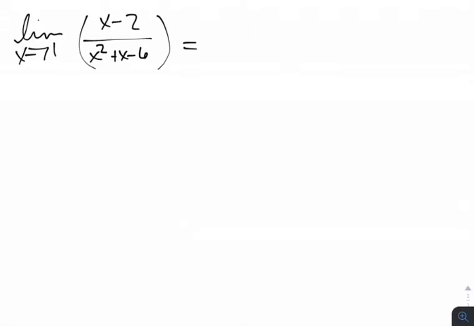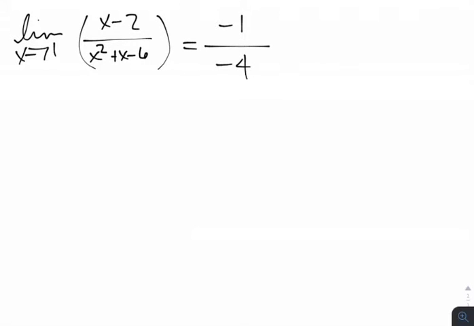From the looks of it, you can actually plug and chug. So we can easily just plug it into a calculator. So 1 minus 2 is negative 1. So it's going to be negative 1 over, so we have 1 squared, that's 1, plus another 1, that's 2. 2 minus 6 is a negative 4.